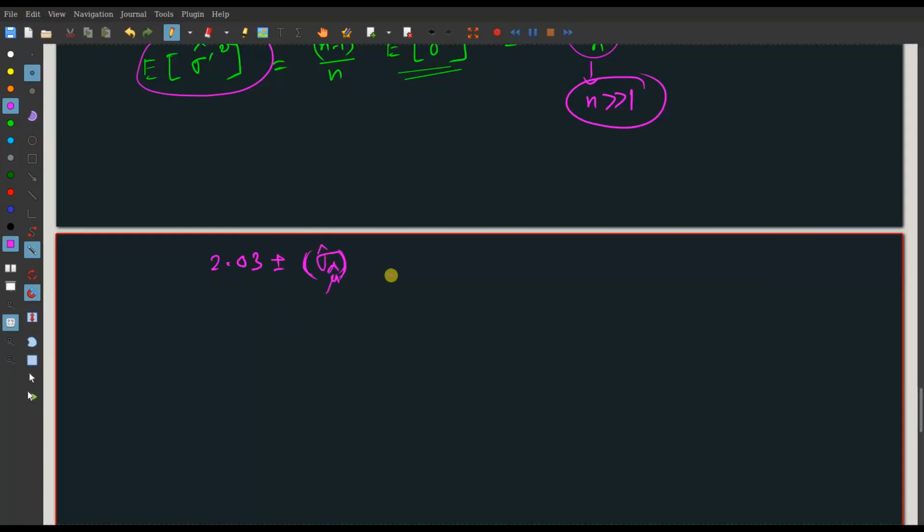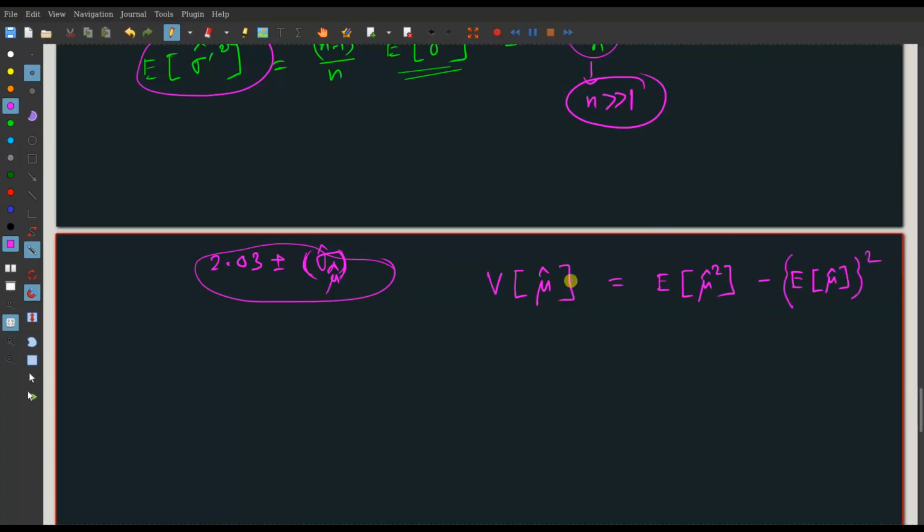So now that is given by the variance of the sampling distribution. So the variance of the sampling distribution of this mu will be the expectation value of mu square minus expectation value of mu, this whole square.